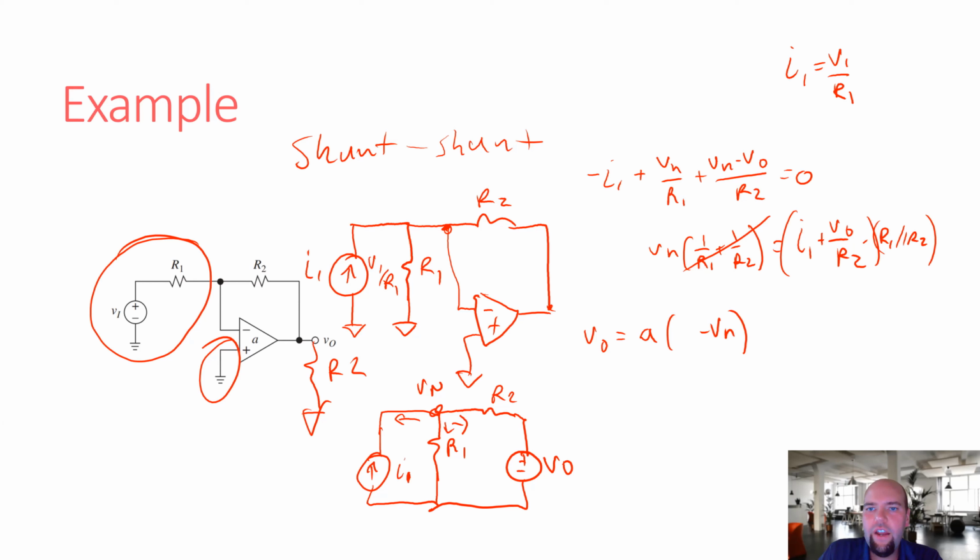Okay. All right. So now plugging this in for Vn here. Now we have V out equals A times negative R1 in parallel with R2. Let's just factor that out right now.